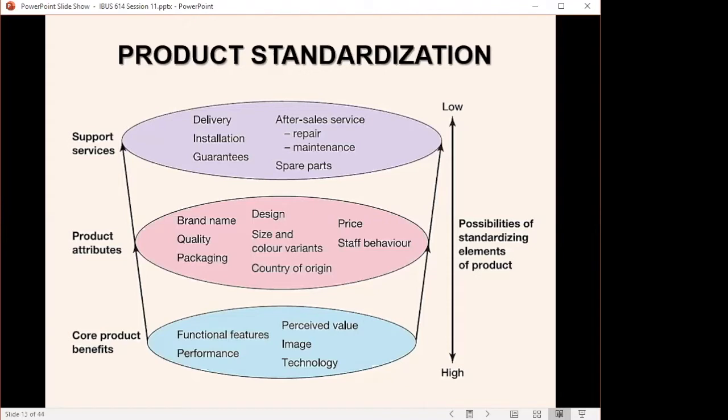In terms of size and color variants, there are certain colors of certain cars that you will not see in certain countries. Certain colors are only manufactured and sold to certain classes of clientele. Levels of adaptation could even come in at the level of packaging. In terms of country of origin, adaptation could come in. A company may decide to source their materials from China.